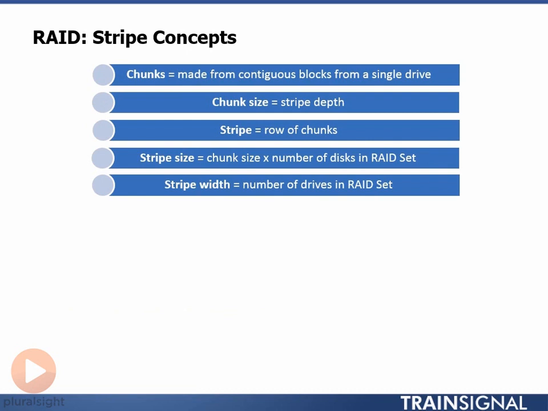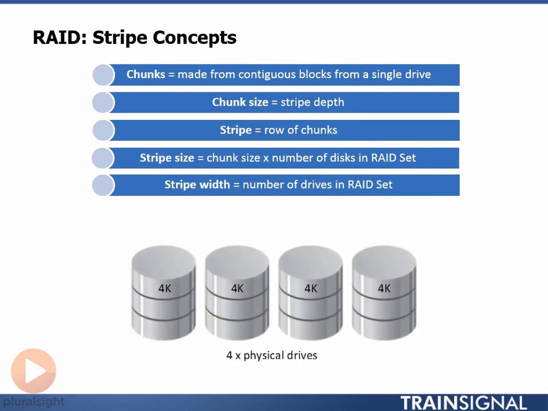Now then, there are a lot of concepts called out at the top of this slide, so we'll walk through a quick diagram to cover each concept off. First up, we have our RAID set. Sometimes we call this a RAID group. In our example, it's a 4-drive RAID set. This means that our 4 drives will be combined into a RAID set and used to provide persistent storage for logical volumes. These logical volumes could be mirrored, striped, parity protected, you name it.